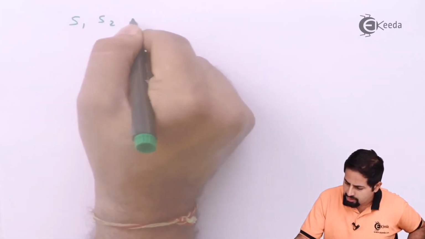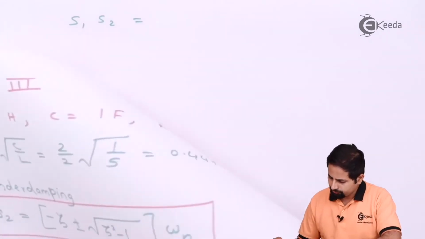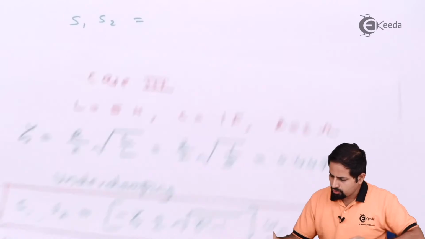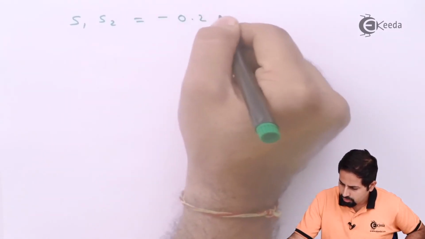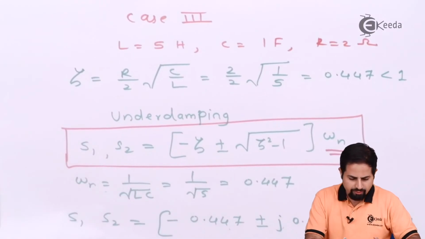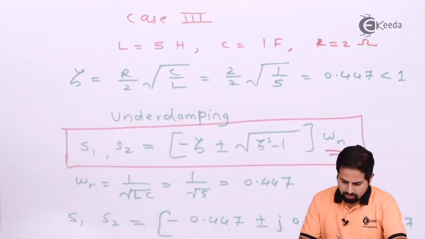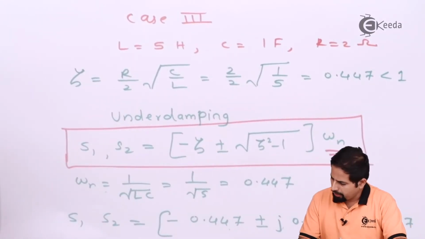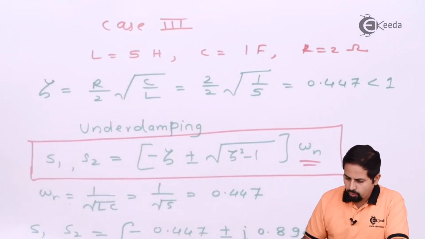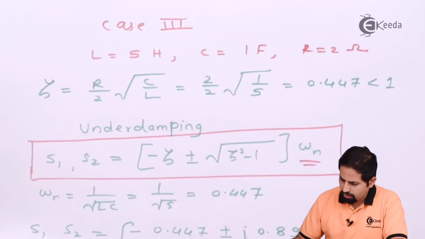So it is going to be S1 and S2 as minus 0.2 plus minus 0.894 multiplied by 0.447. 0.894 into 0.447 is nothing but 0.399.